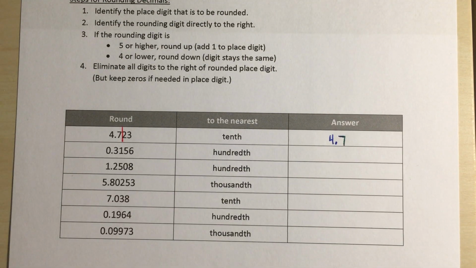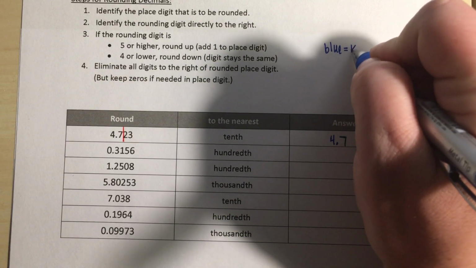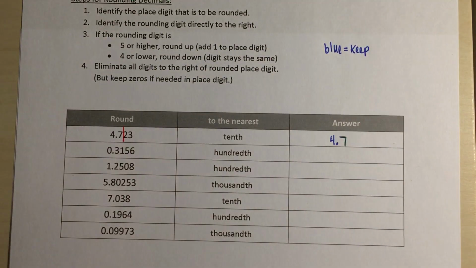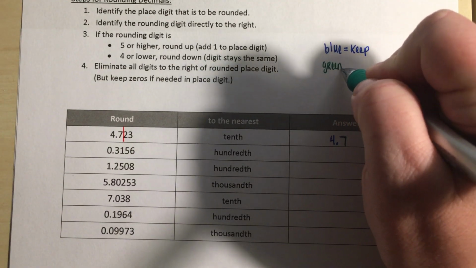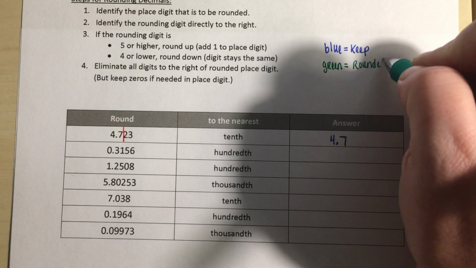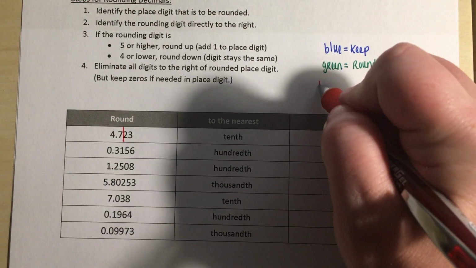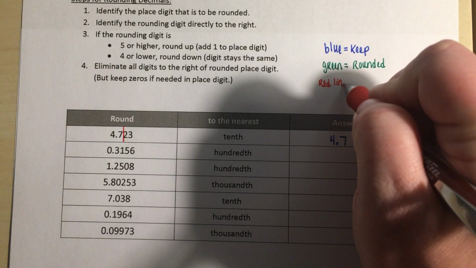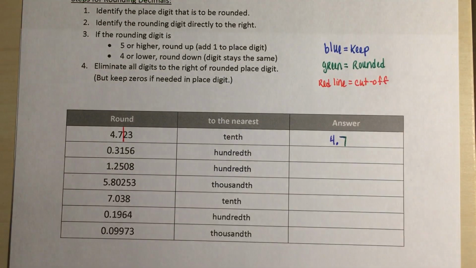The blue number is the portion that we kept, and then that last actual digit that's rounded, that's the digit that we are showing in green. And then on the other side of our table, that red line is where we are cutting off our decimal. That is the place value that we are rounding to.